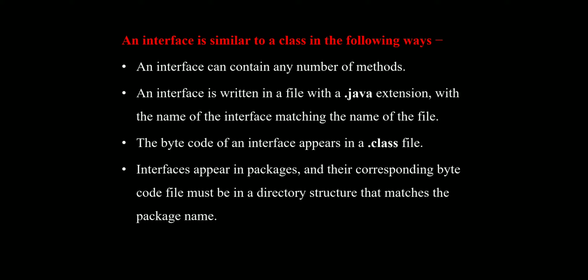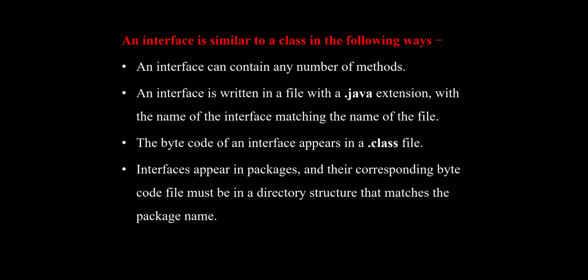Previously we saw that the class name must be the same as the file name, and here also the interface name must be the same as the file name of the Java file with the .java extension. After we compile that file, we get a .class file as the bytecode of our program.